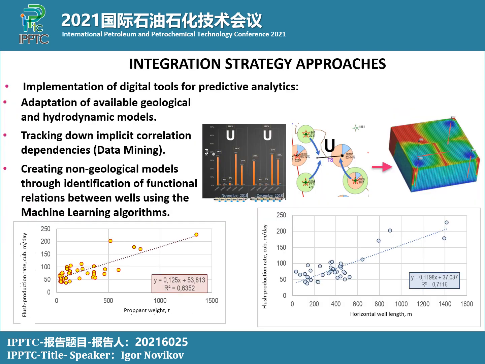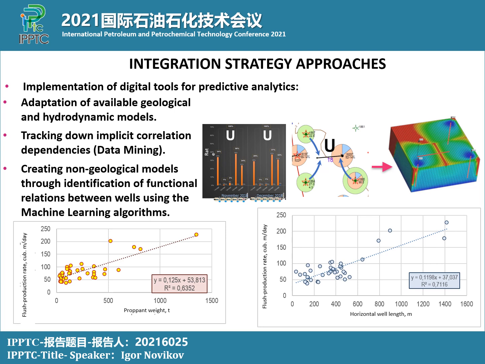There are some integration strategy approaches, and we separate them by segments. The implementation of the digital tool for predictive analytics contains the adaptation of available geological and hydrodynamic models which already exist, and the tracking down of implicit correlation dependencies, which are not obvious, but sometimes give you the clue to the identification of processes which are very hard to identify without additional data.